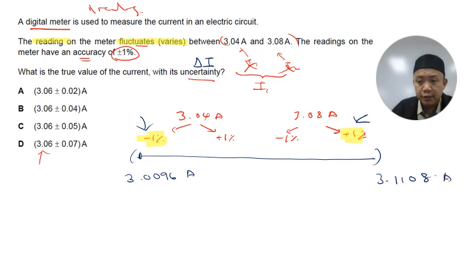Now this is the possible range of current detected by the fluctuating ammeter. So this one would just be I min and this one would just be I max. So the uncertainty will be I max minus I min, just to take the range, divide by 2.